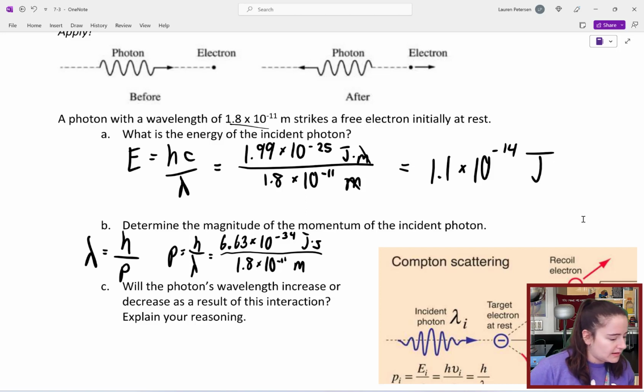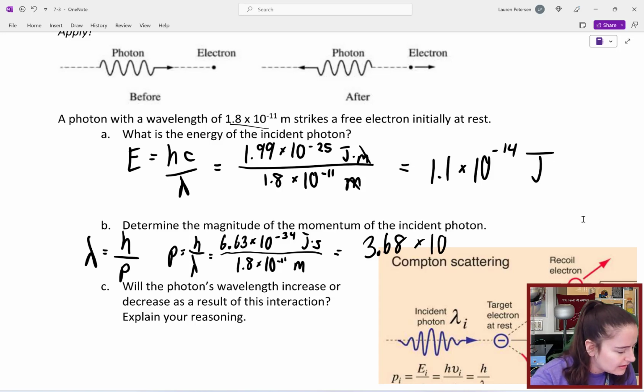And so we get its momentum of 3.68 times 10 to the negative 26 kilogram meters per second. Okay.